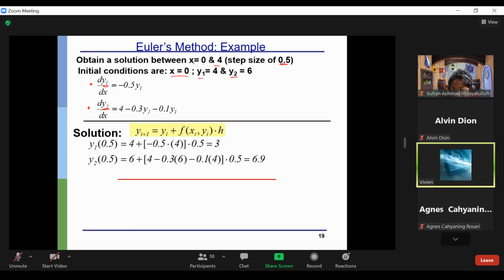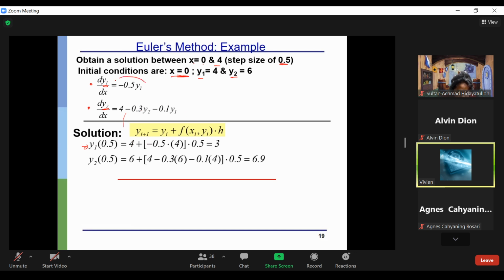So how to find the solution? We still use Euler's method, but we apply it to each of the equations. We solve the first equation, so that we can find y1 at 0.5. That will be equal to y1 at 0, the initial step, plus the slope.